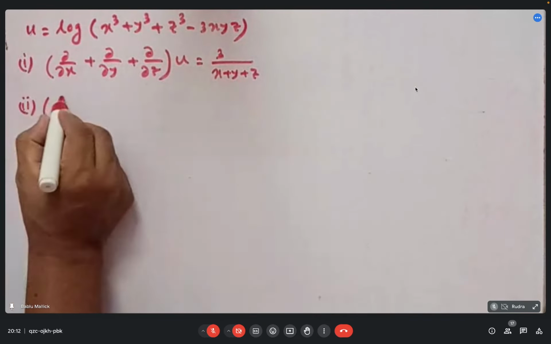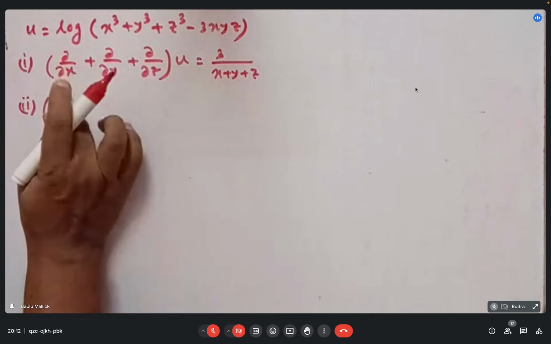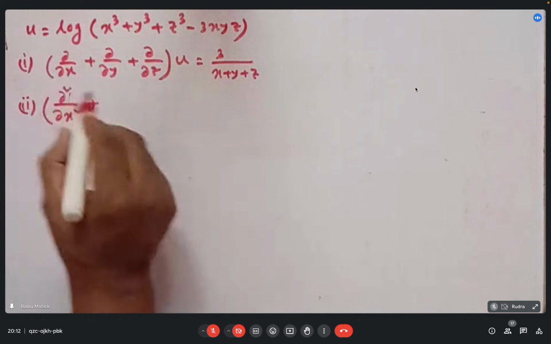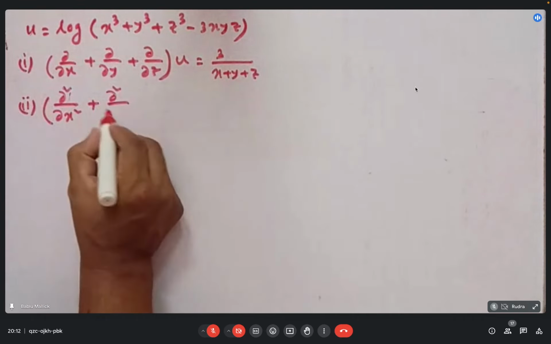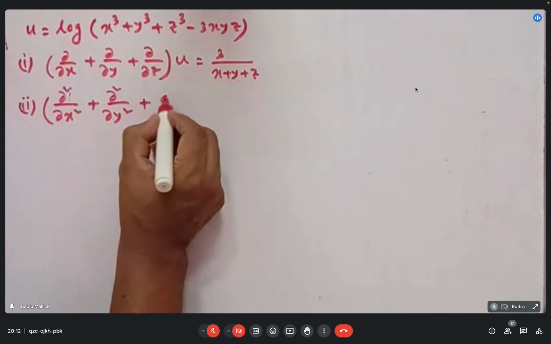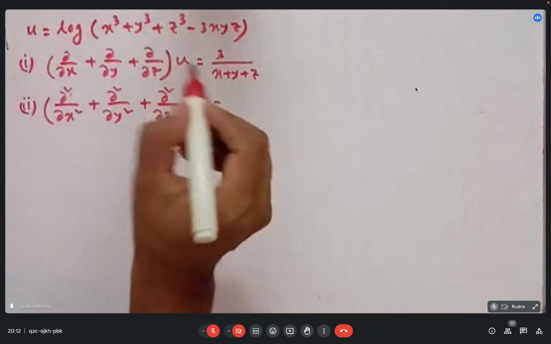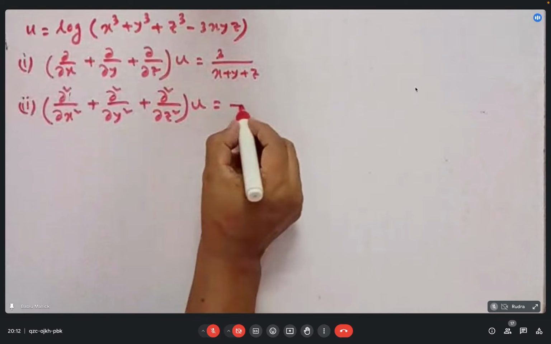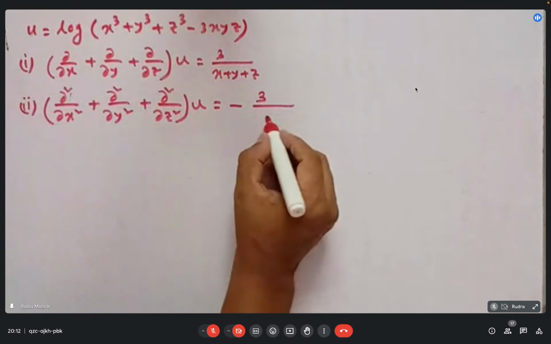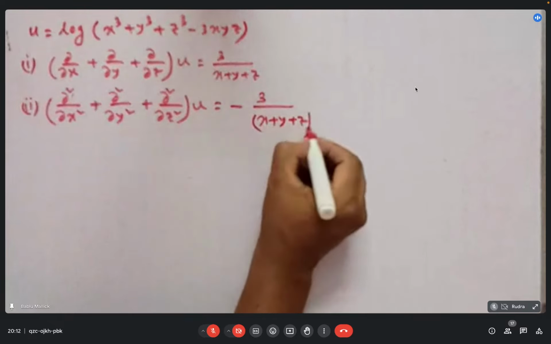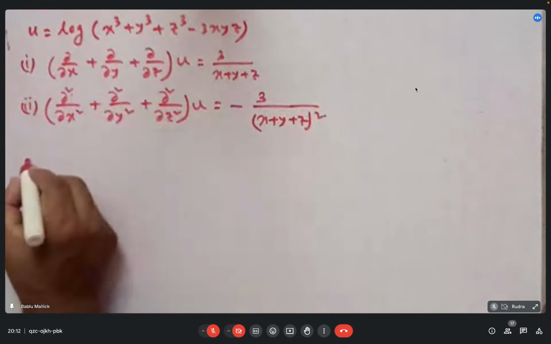Number 2, del 2 del x2 plus del 2 del y2 plus del 2 del z2 of u is equal to minus 3 by x plus y plus z, this whole square.